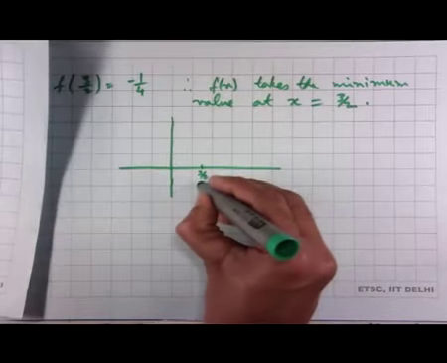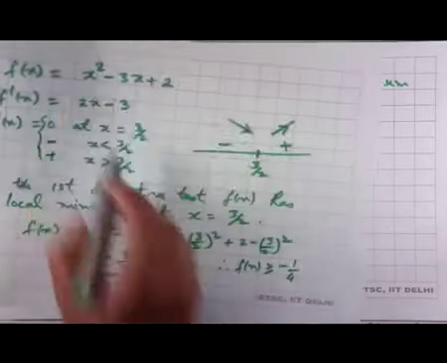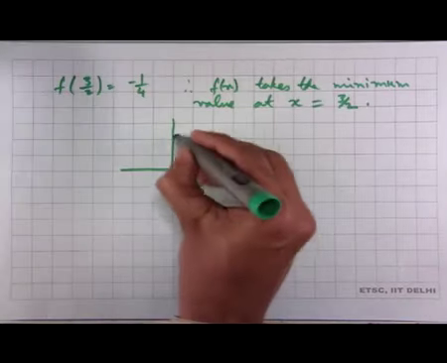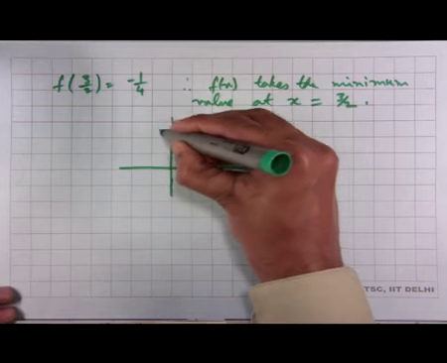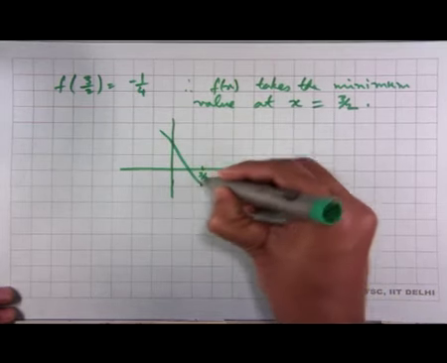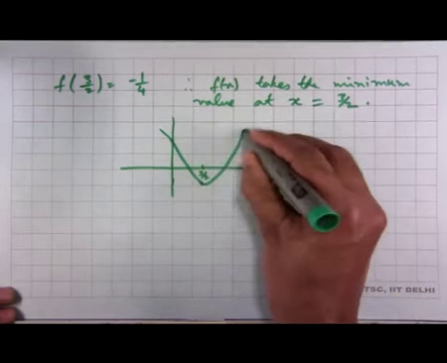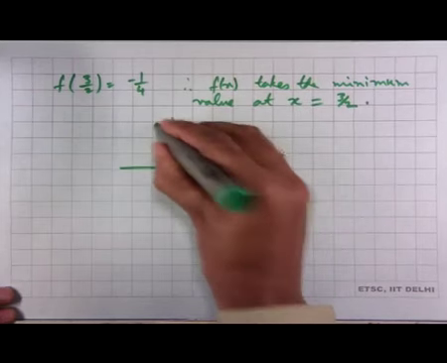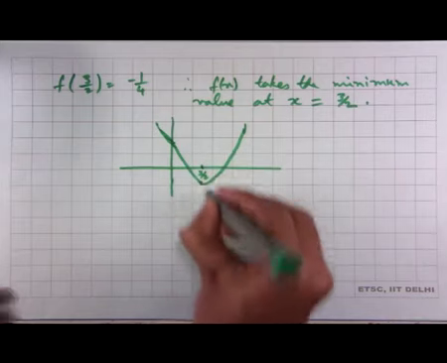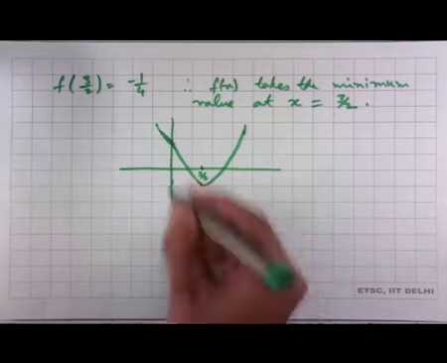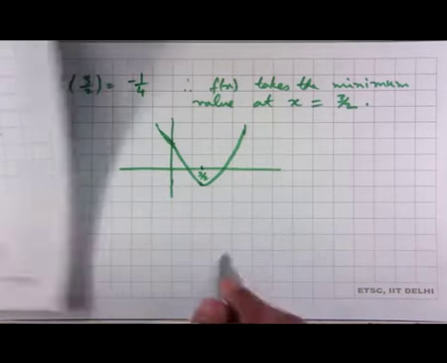The minimum value is at 3 by 2, and if you put x equal to 0, this gives me 2. So, we get a parabola like this, and this 3 by 2 is the local minimum as well as global minimum in this case.